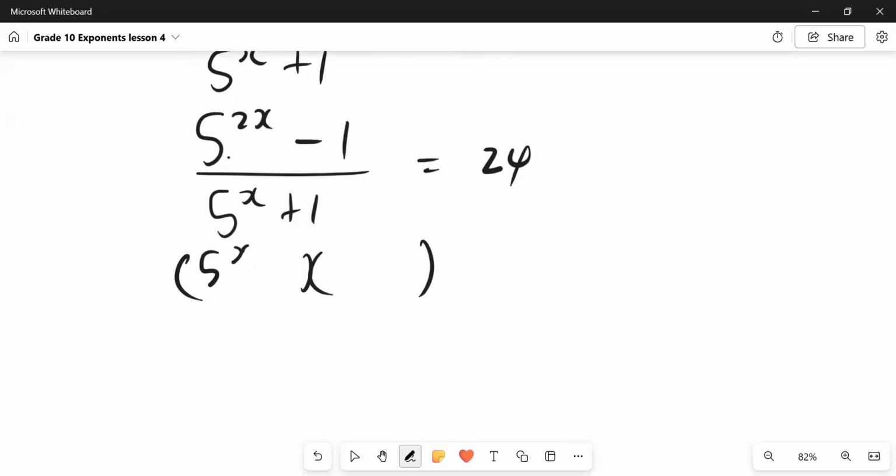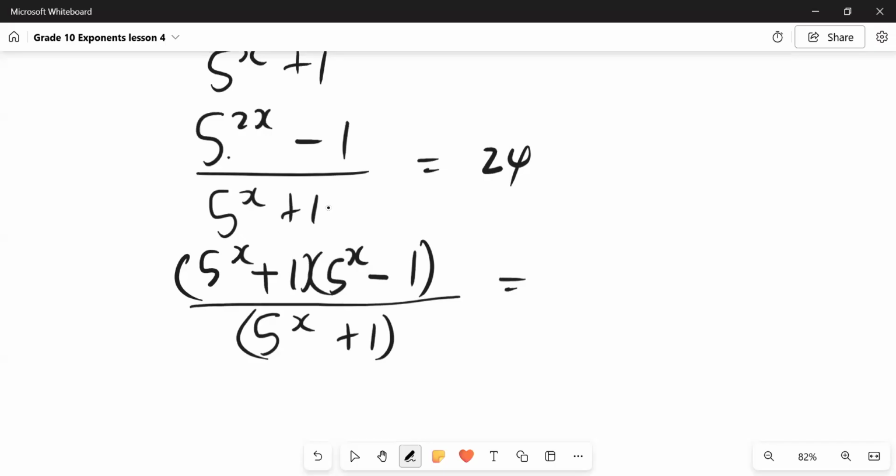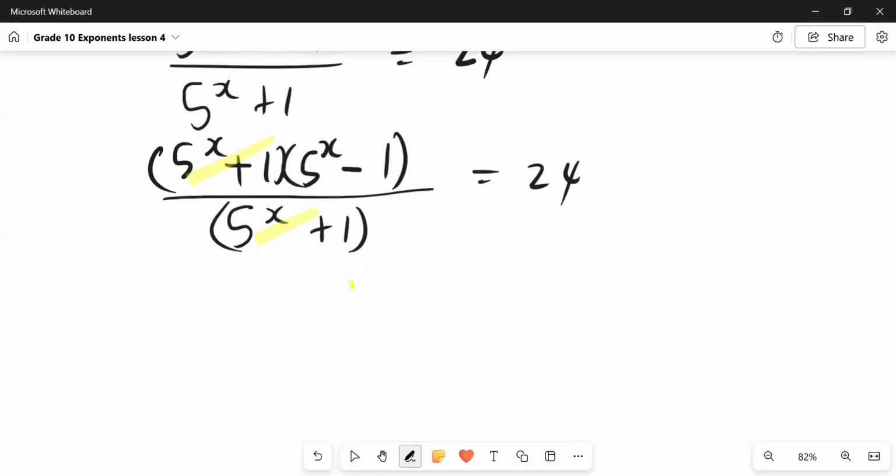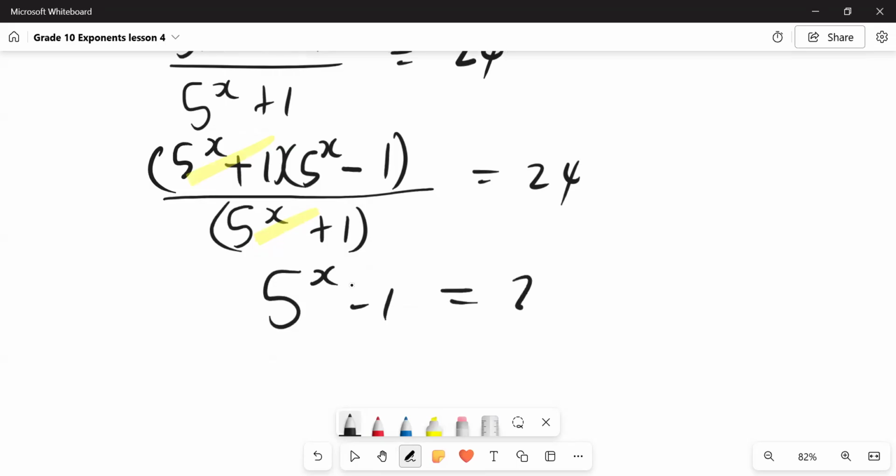This is 5 to the power of x, 5 to the power of x, 1 and 1. This is just the difference of 2 squares. And then it's 5 to the power of x plus 1 again equals 24. These two, they cancel, they go. Now you're left with 5 to the power of x minus 1 equals 24.